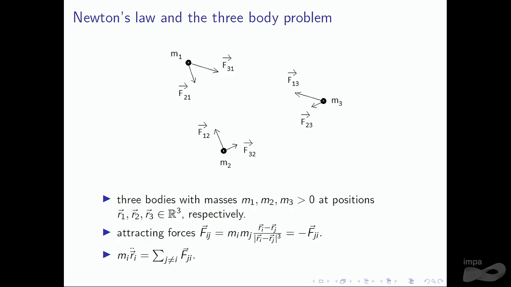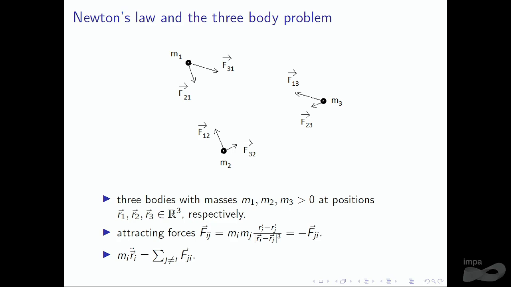Newton's gravitational laws. We have three bodies which are point masses, M1, M2, M3, with positions R1, R2, and R3. Supposedly they are in R3, but we could even consider Rn. And later we will consider only R2, the plane.